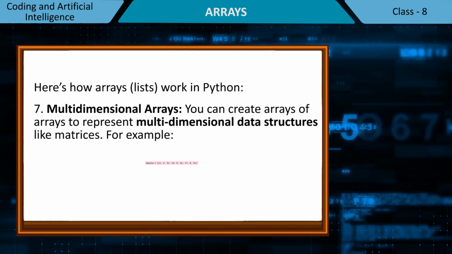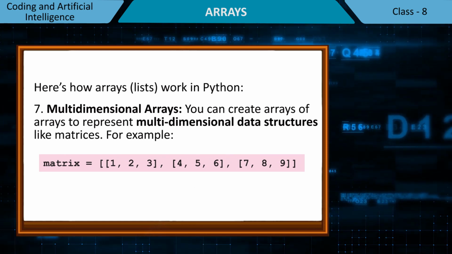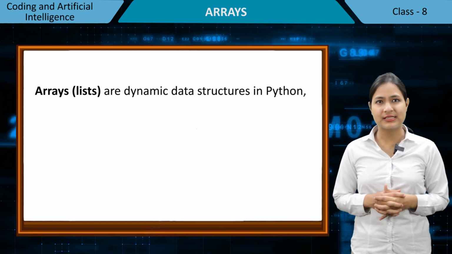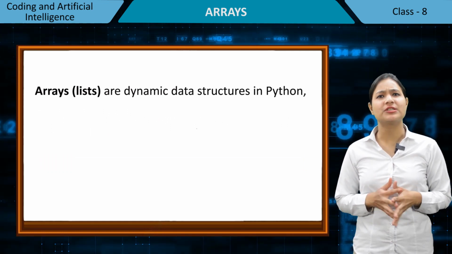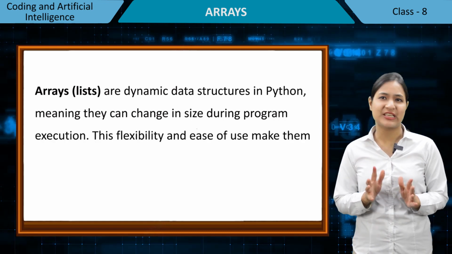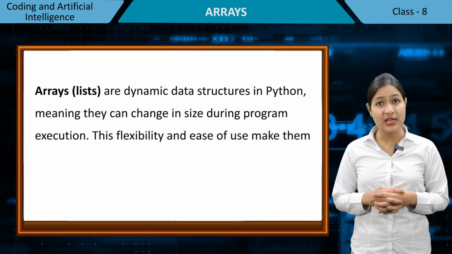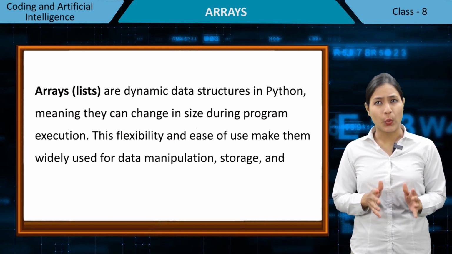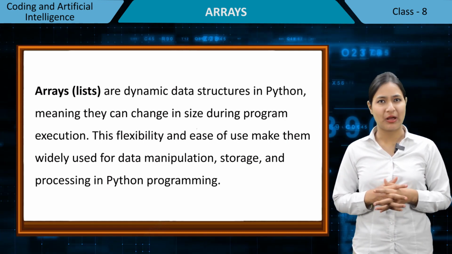For example, arrays, lists are dynamic data structures in Python, meaning they can change in size during program execution. This flexibility and ease of use make them widely used for data manipulation, storage, and processing in Python programming.